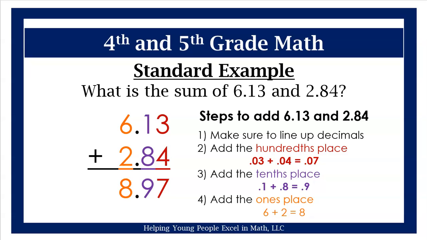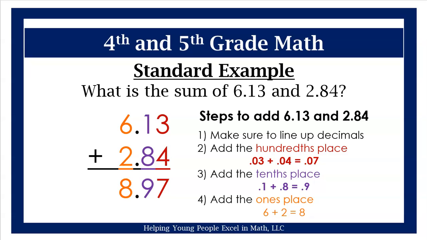Our first step in adding these two numbers is to make sure that our decimals are lined up correctly. When you're adding and also subtracting decimals, if you do not line the decimals up correctly, more than likely you'll get a wrong answer. So you want to make sure they are lined up correctly.